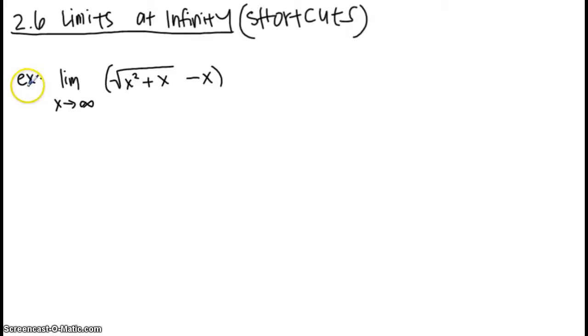When looking for shortcuts, it is tempting to pretend that as x gets really big, we're subtracting x to see what we actually get. So when taking a look at this, it's tempting to see that maybe x squared and x, the degree is lower, so as x gets big, this difference will become minuscule.